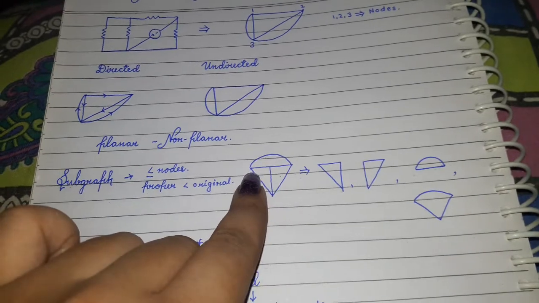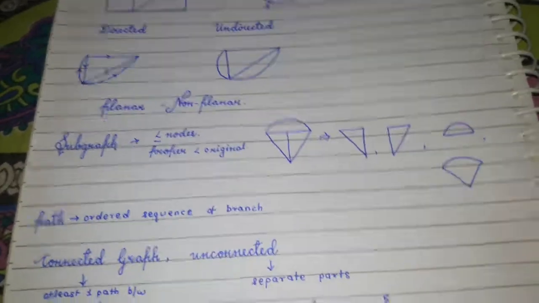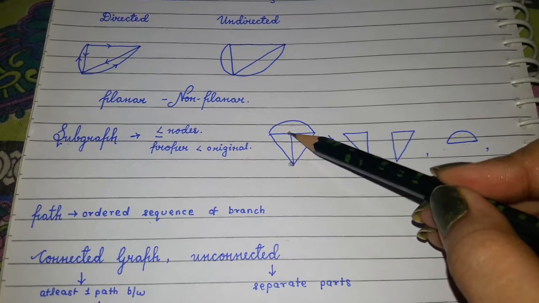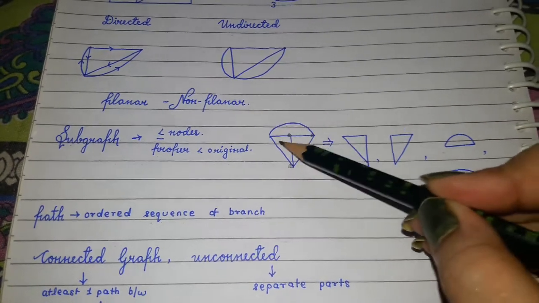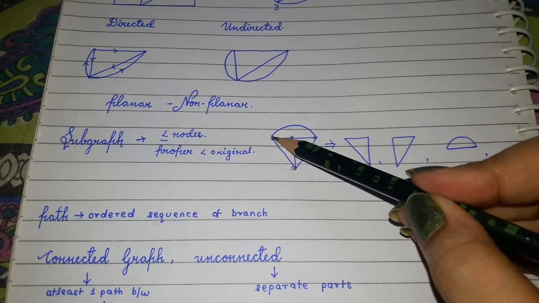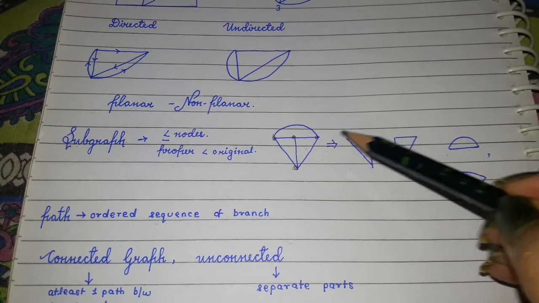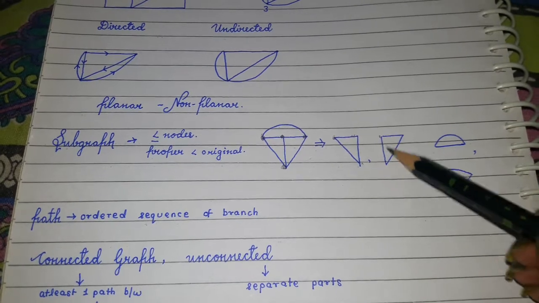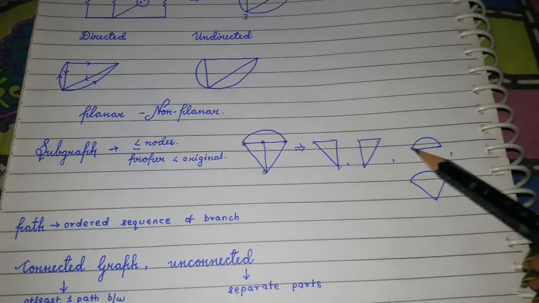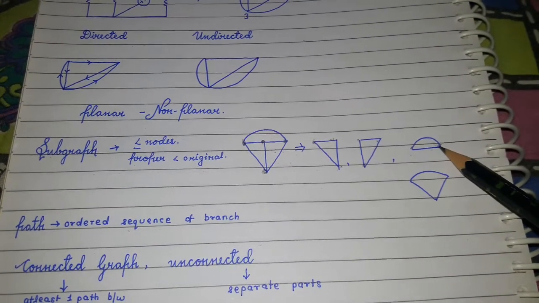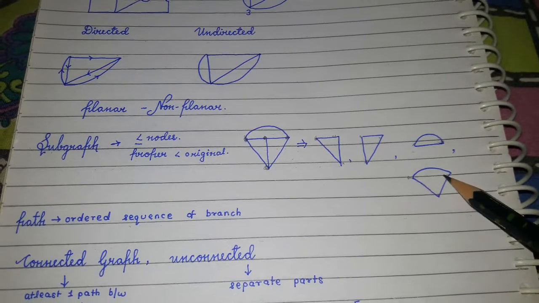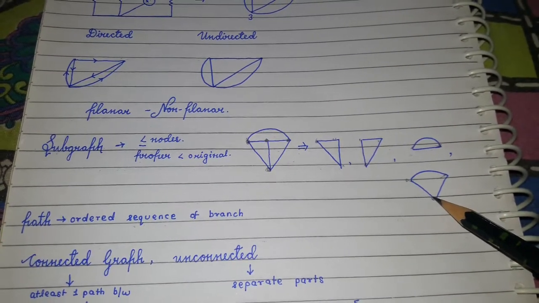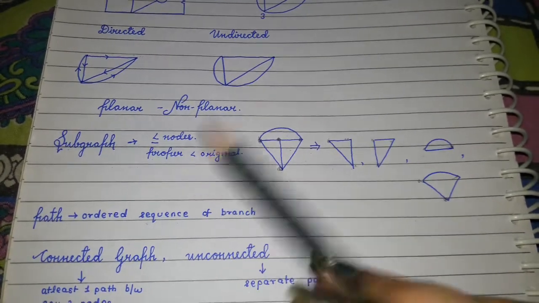Here we have 4 nodes in the original graph, but here we have 3 nodes. Here also we have 3 nodes, here we have 2 nodes, and here we have 3 nodes again. So these have a lesser number of nodes than the original graph, so we call them proper subgraphs.